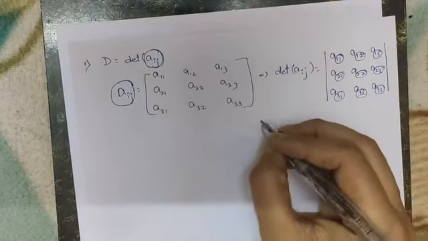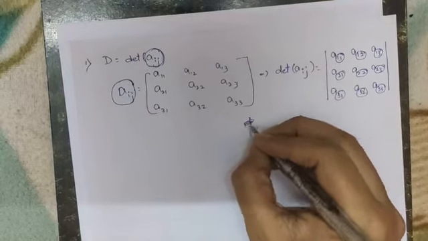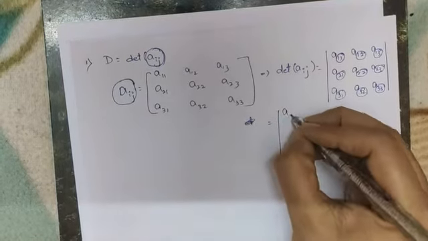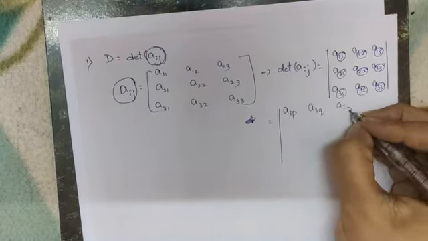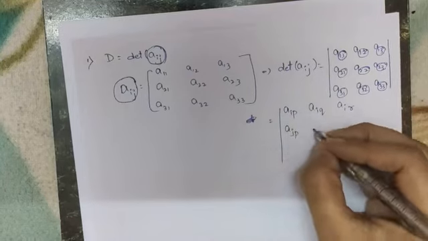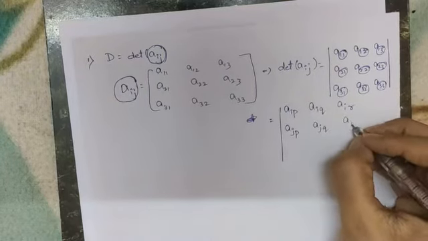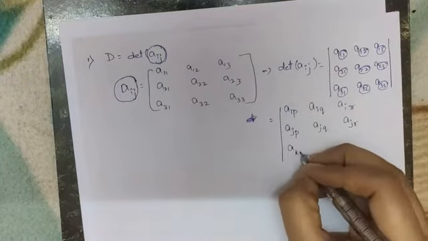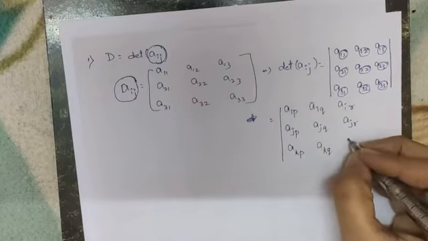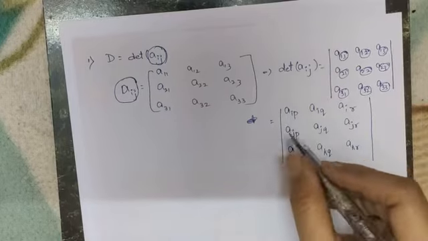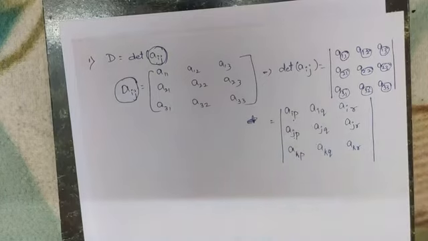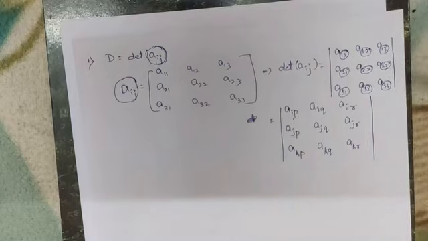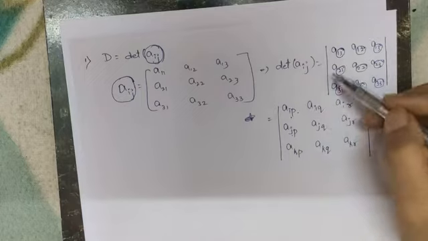So I will consider in general AIP, AIQ, AIR, AJP, AJQ, AJR, AKP, AKQ, AKR. Here IJK are nothing but your rows, and PQR talks about the columns.